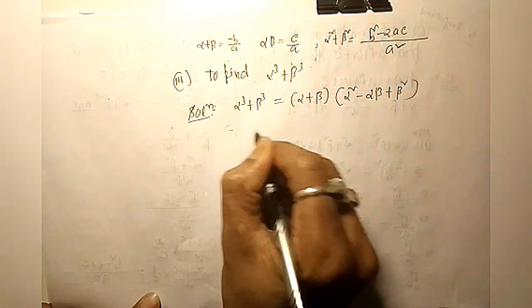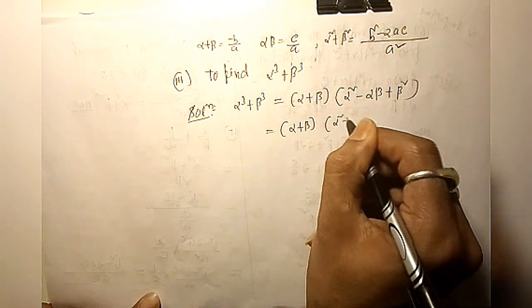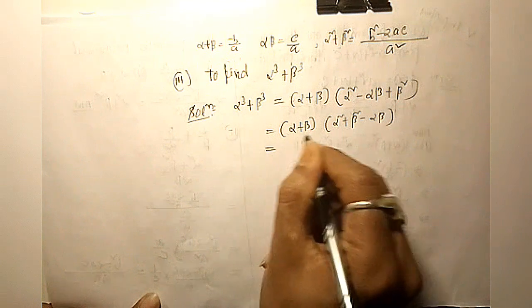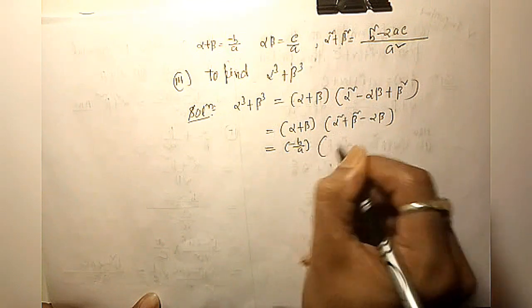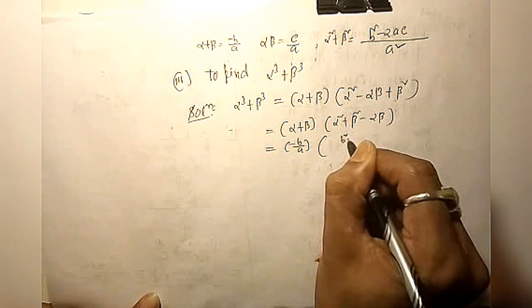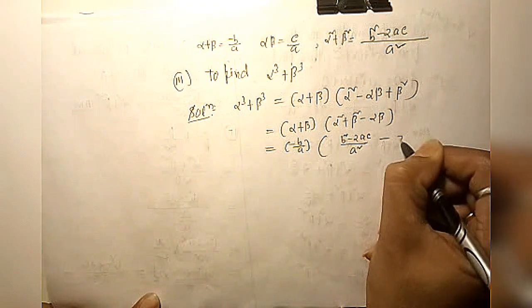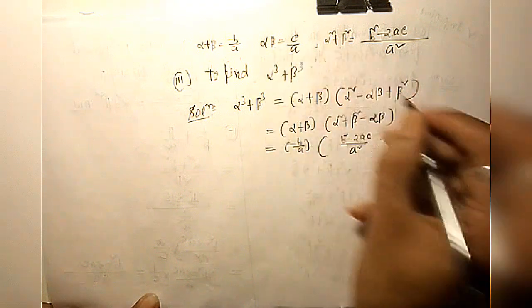This is the identity from class 9. So alpha plus beta, bracket alpha square plus beta square minus alpha beta. Alpha plus beta means minus b by a. Alpha square plus beta square means b square minus twice ac by a square, minus alpha beta means c by a.